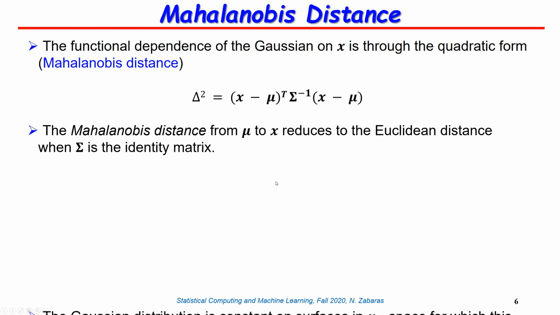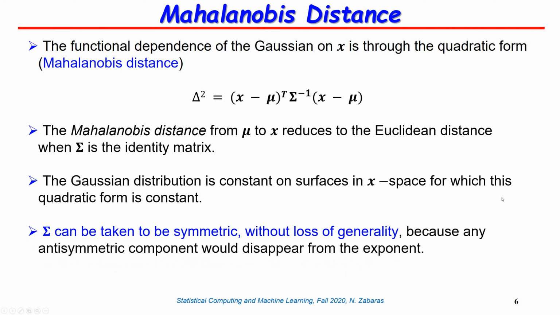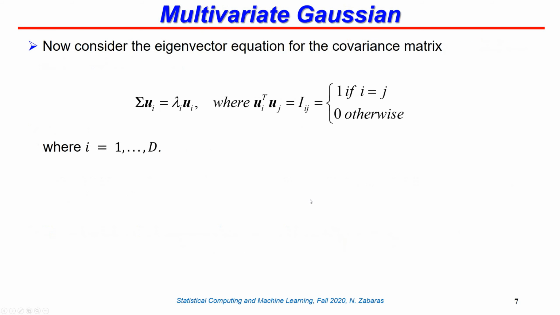So if sigma is a symmetric positive definite matrix, what we can say from linear algebra is at least that sigma has a complete set of orthonormal eigenvectors, and we can write down an eigen expansion of sigma. Let me start with the eigenvalue problem for sigma. So the eigenvalue problem will look like this.